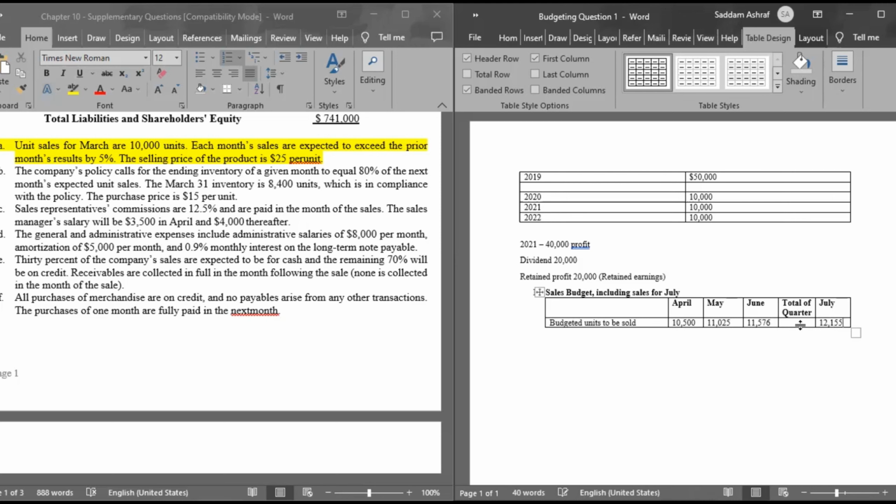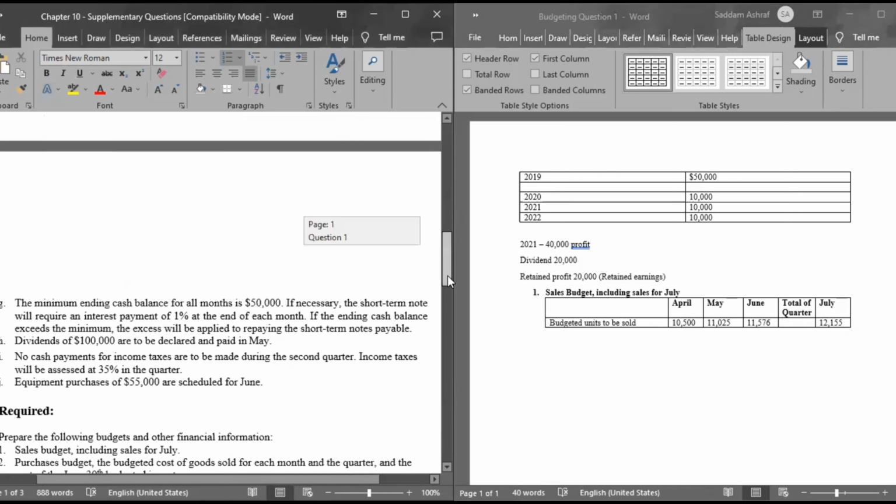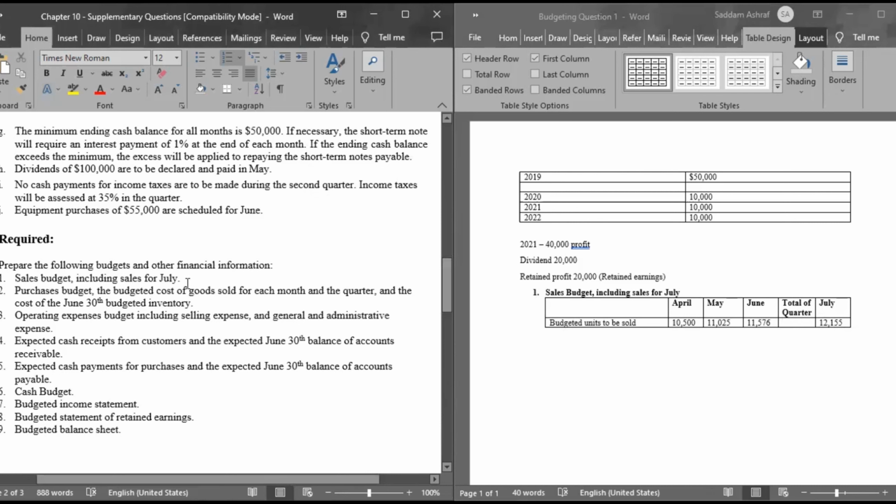Okay. In the next budgets, we will not prepare a budget for July. But in this requirement, the instructor has asked us to prepare the budget for July as well. You can see the requirement, sales budget including sales for July.